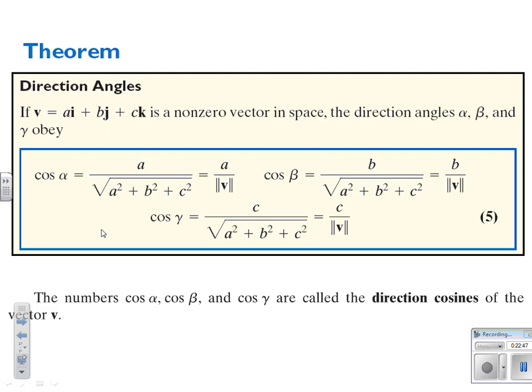And the cosine of gamma is the coefficient for our K component divided by our magnitude. The numbers cosine alpha, cosine beta, and cosine gamma are called the direction cosines of the vector V. Direction cosines.